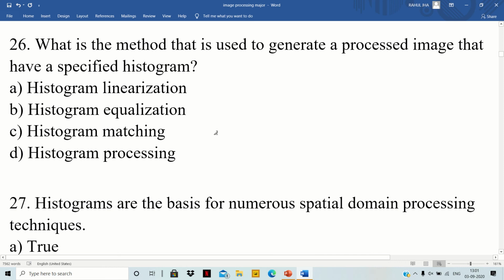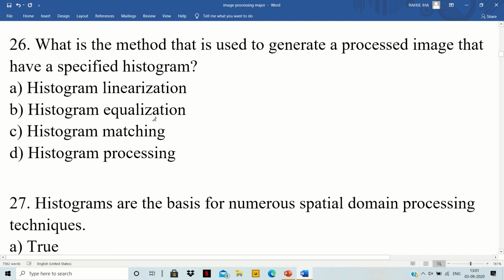Number 1 question is, what is the method that is used to generate a processed image that has a specified histogram?